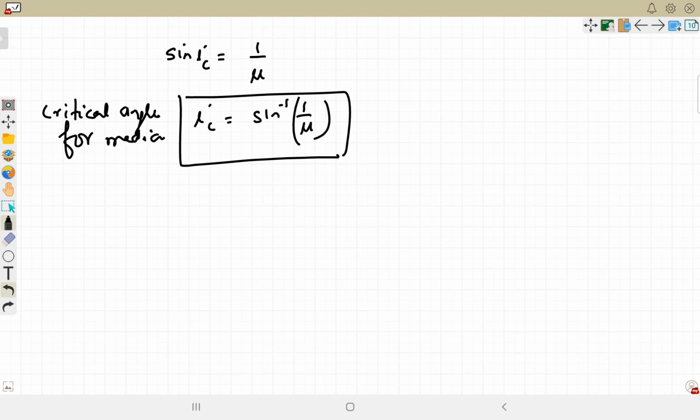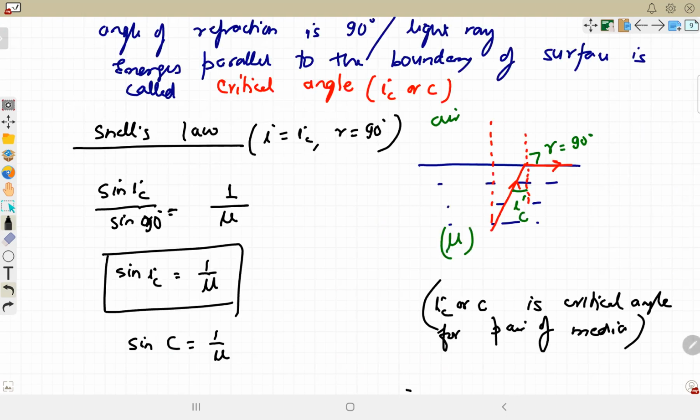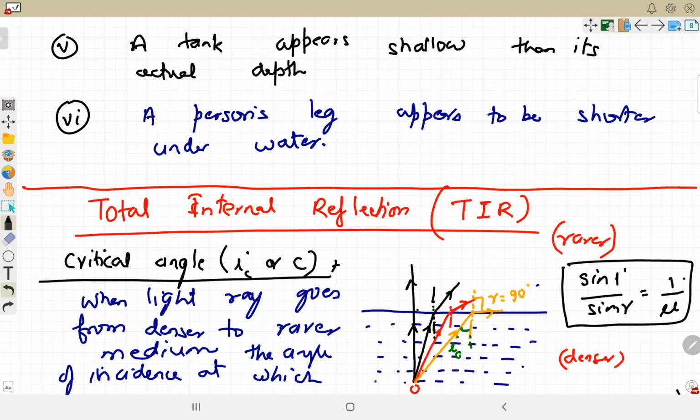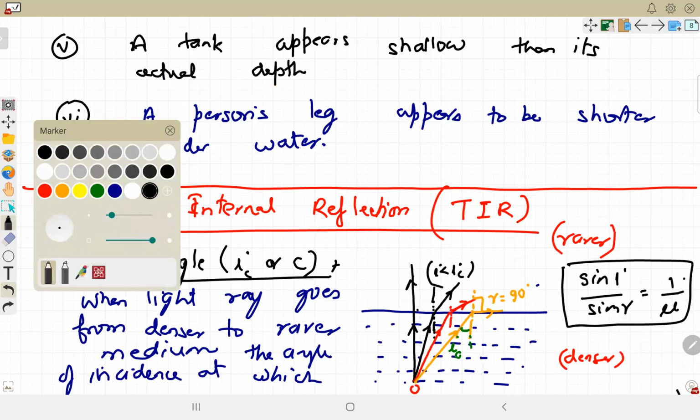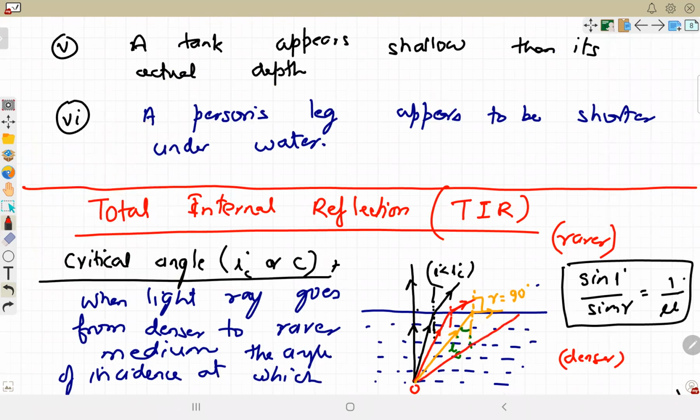राइट. अब क्या हुआ, ये क्रिटिकल एंगल एक तो समझ लिया हमने. क्रिटिकल एंगल से कम थी अगर, इफ एंगल ऑफ इंसिडेंस इज लेस, तो लाइट बाहर निकल के आ जाएगी. I is less than IC. Now suppose if a light ray goes greater than critical angle. If a light ray is incident at an angle greater than critical angle, ये 90 से भी ज़्यादा हो जाएगा, means it will not go into that medium, it will come back into the same, and that will be called as total internal reflection when the light is incident at an angle greater than critical angle.